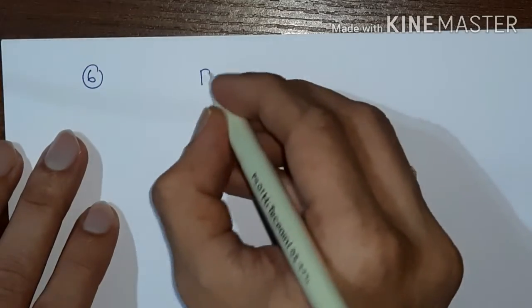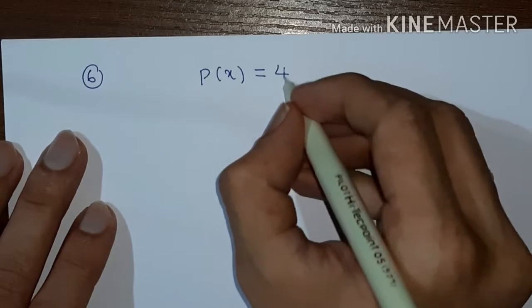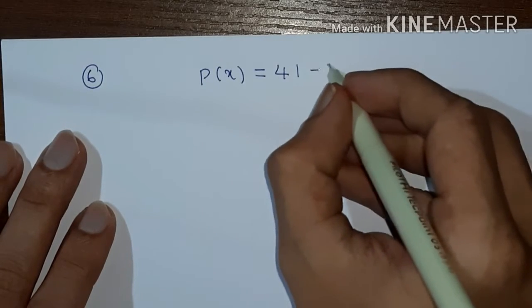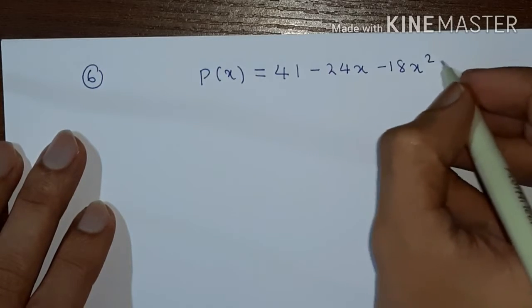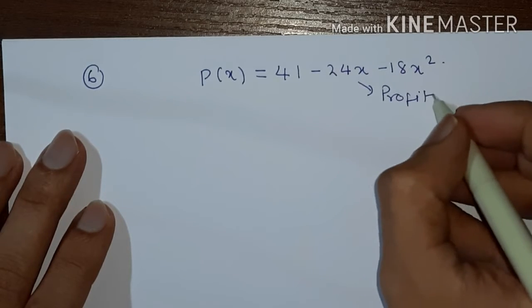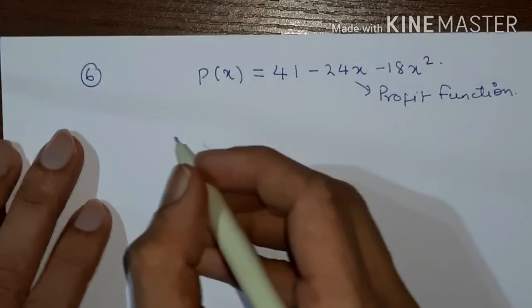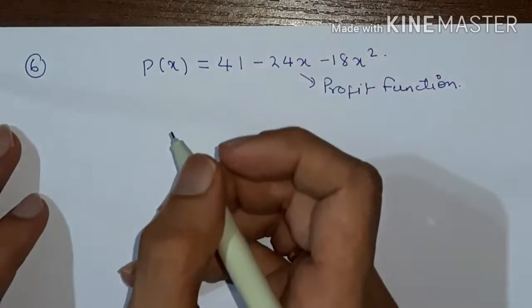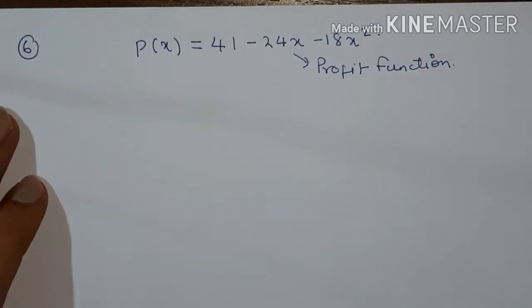So p of x is equal to 41 minus 24x minus 18x square. This is the profit function. Now since we have to find the maximum value of this function, we have to first find the critical points.